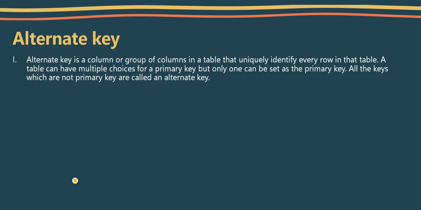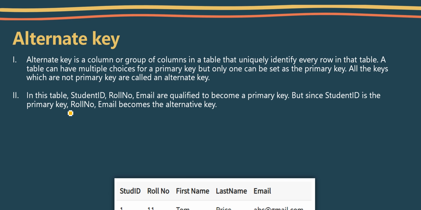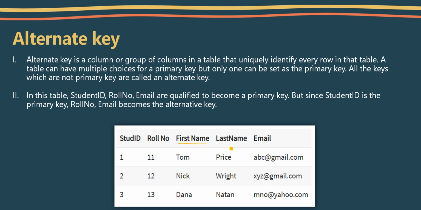Are you getting this point? Yes, ma'am. Okay. So in this table we have student ID, roll number, first name, last name and email. So what are the keys which can be selected as a primary key? Can you identify that? Student ID and roll number. Okay, and is it email? Everyone has a different email, right?